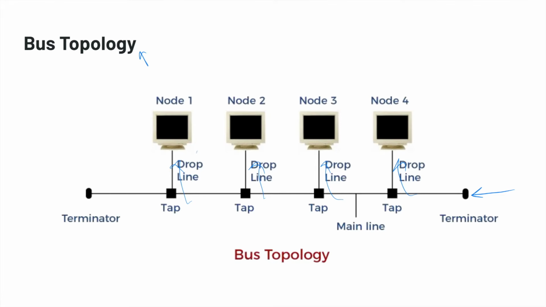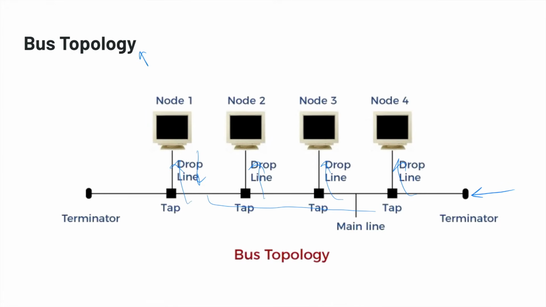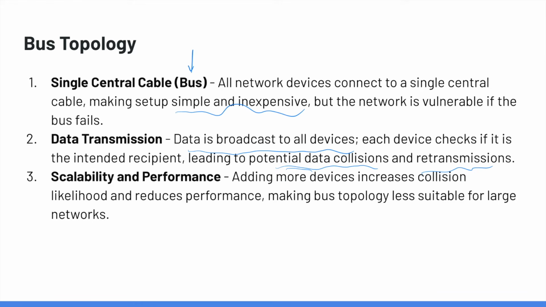And if a node wants to communicate, that data is also sent to every other node on the bus. This can often create some problems. We can have data colliding with each other. For example, if one node is transmitting while another signal comes through the bus, those could collide with each other. And we might also have to retransmit data as a result.